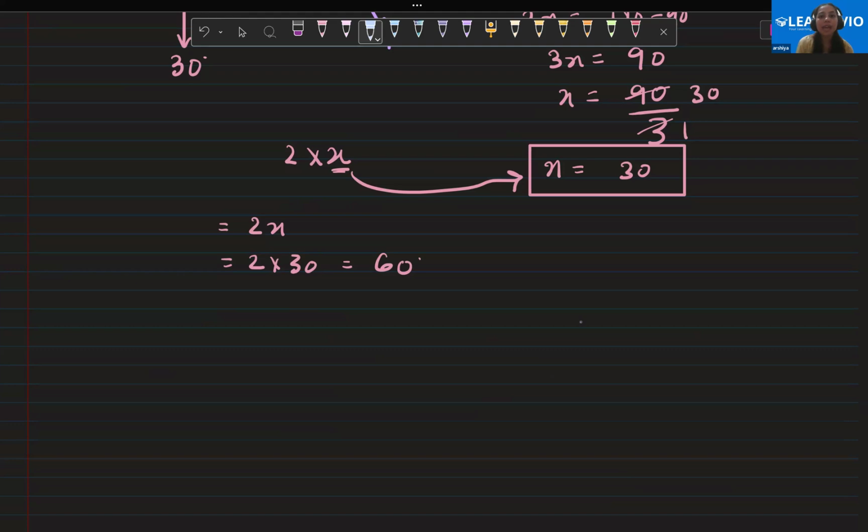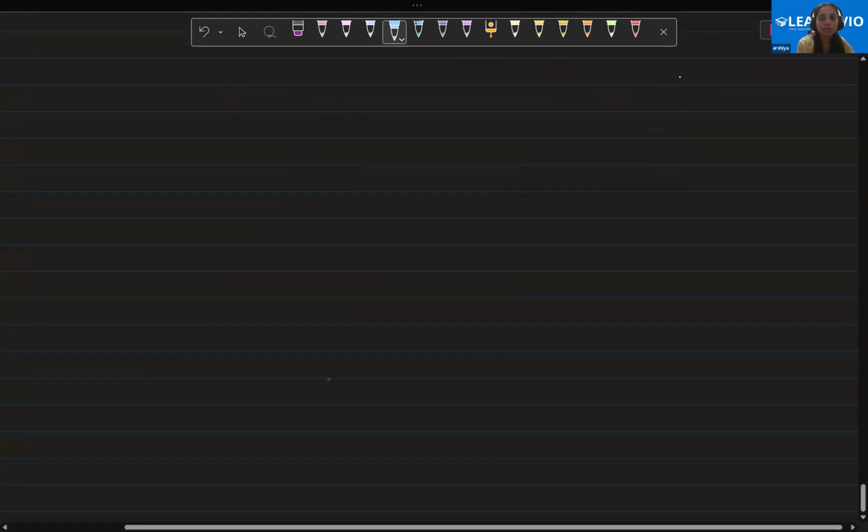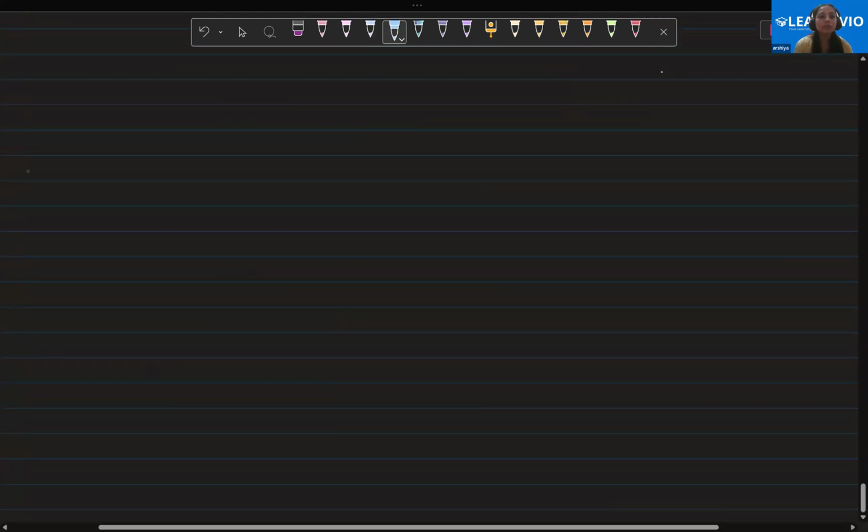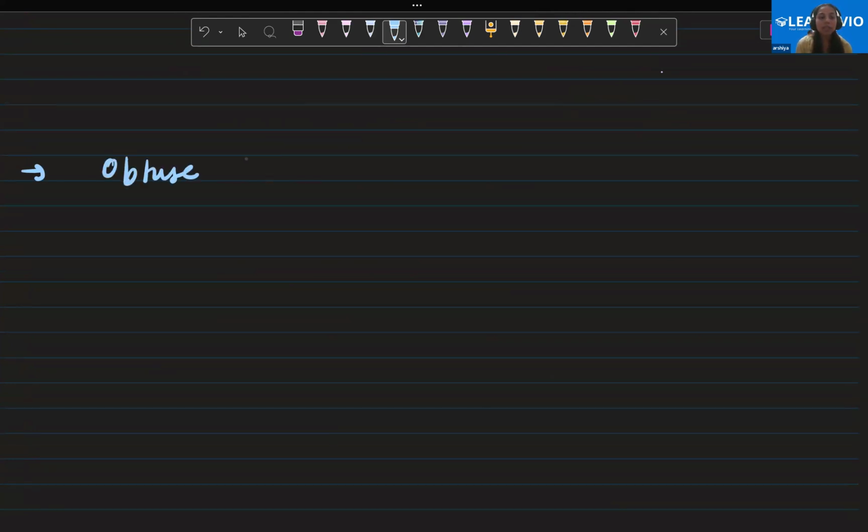Obtuse angle or obtuse angled triangle? Obtuse angle triangle. So an obtuse angle is the angle that is greater than 90 degrees. So the measurement is greater than 90 degrees, right?